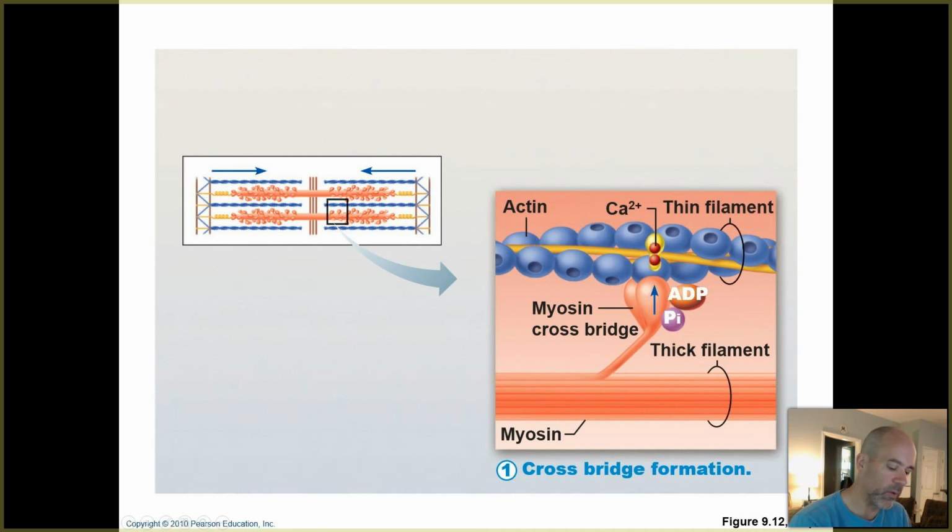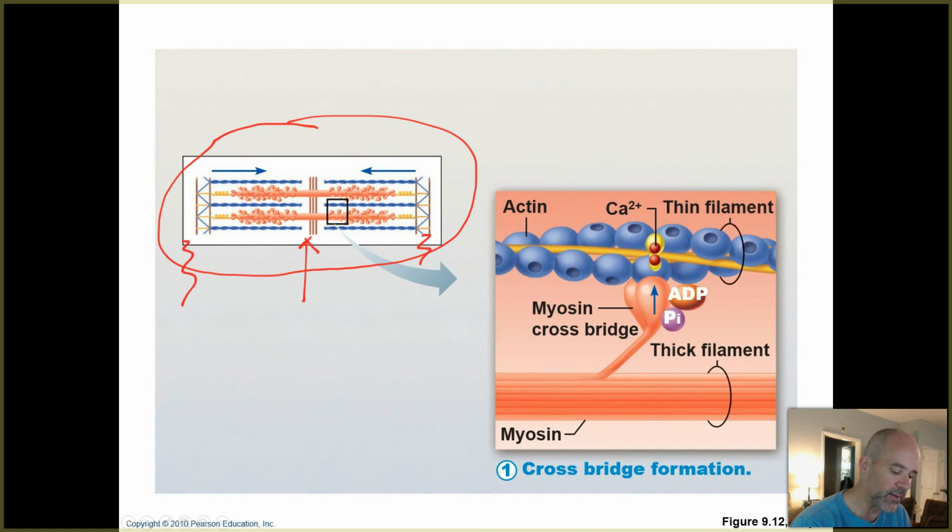All right, so what we're zooming in on here is a 2D representation of a sarcomere. And again, in blue, this will be the center of the sarcomere. And over here, you've got those Z lines. Those are the borders of the sarcomere. And then in blue, you've got your thin filaments. In red, you've got your thick filaments. And so we're zooming in on an area where one thin filament and one part of a thick filament are coming together.